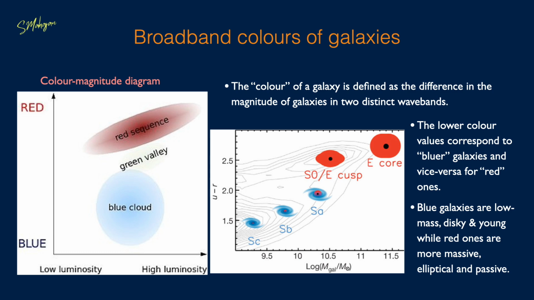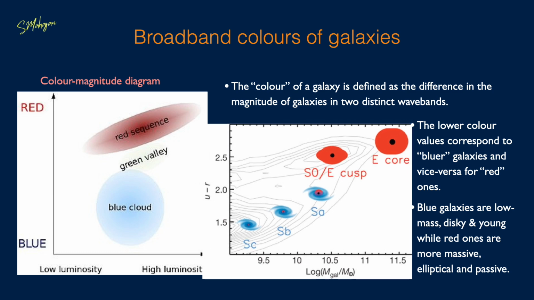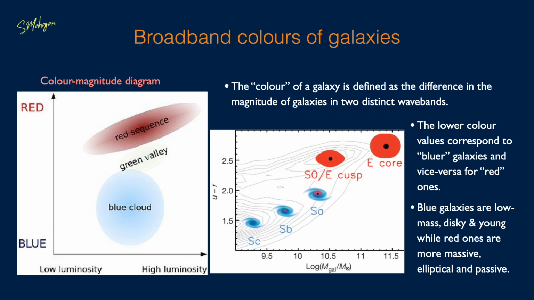The plane defined by the color of a galaxy together with its magnitude, which is synonymous to mass or luminosity, is a great tool for studying evolution of galaxies. As shown here, the morphology of galaxies also evolves from low-mass blue galaxies occupying the bottom left of the plane to ellipticals in the top right.